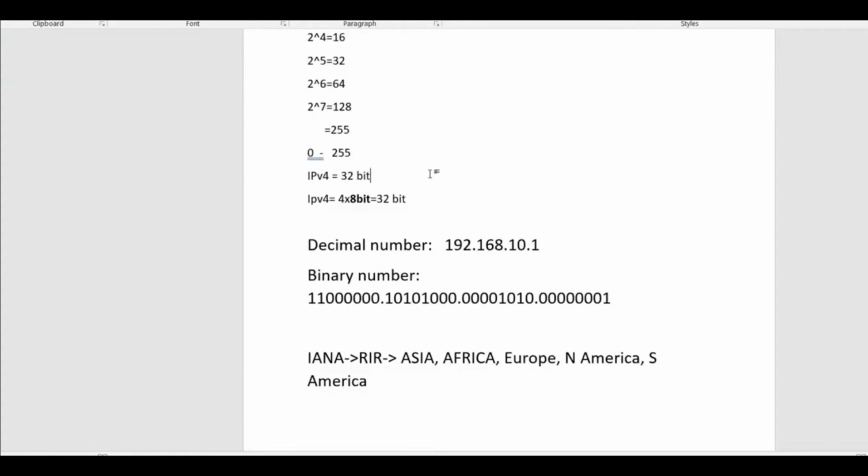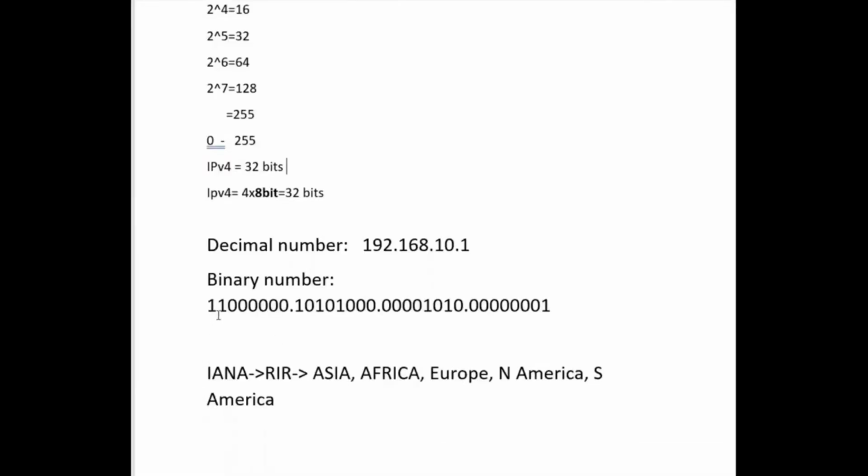So what is a bit? A bit means a one or a zero, right? 32 bits means 32 ones and zeros, like this. Each one is a bit, each zero is a bit. In one address we have 32 bits.